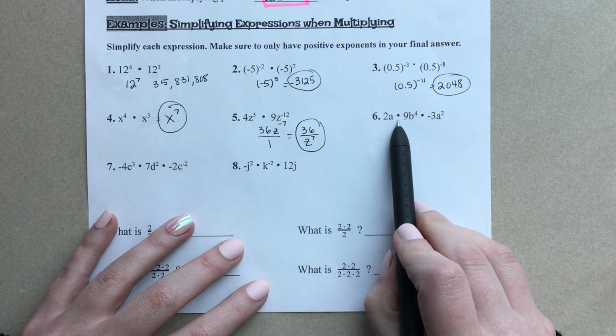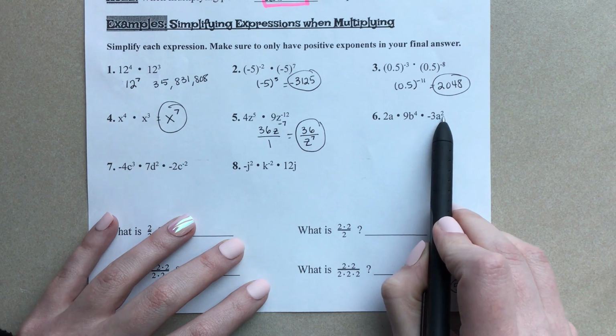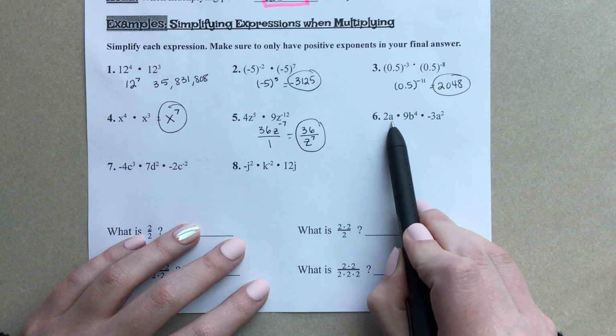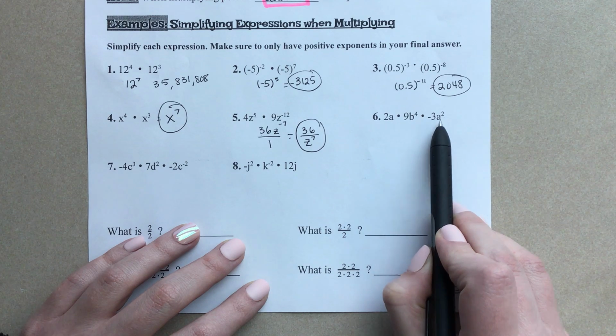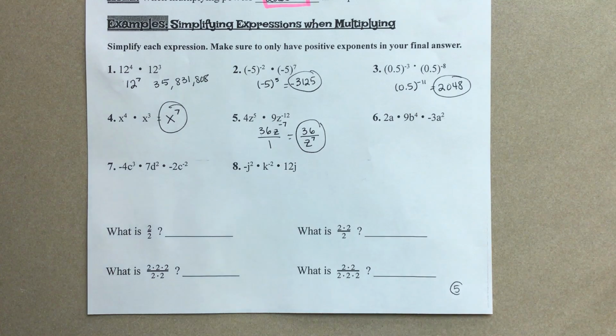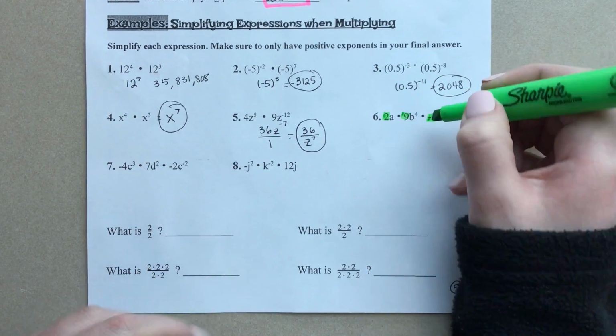Here I have 2a times 9b to the 4th times -3a squared. This whole expression is multiplication. This is 2 times a times 9 times b to the 4th times -3 times a squared. So I'm going to first focus in on the numbers. So I have 2, 9, and -3.